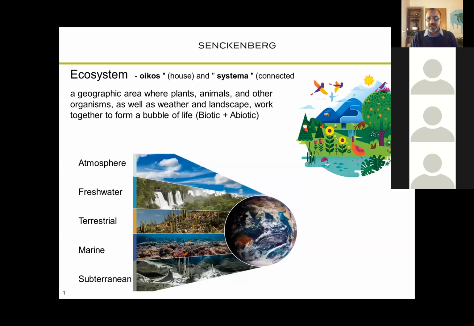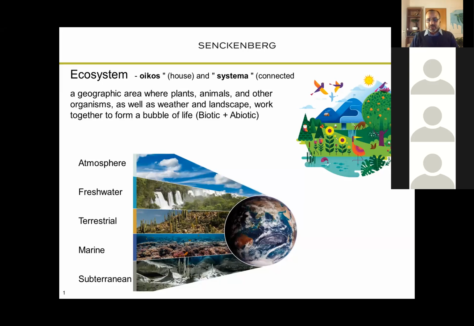Specifically, an ecosystem is a geographic area where plants, animals, and other organisms, which can be microbes, fungi, and others, and non-living components like weather and landscape, work together to form a bubble of life. From the smallest ecosystem to the biggest level of the globe, all these biotic and abiotic components work together to maintain and sustain life.